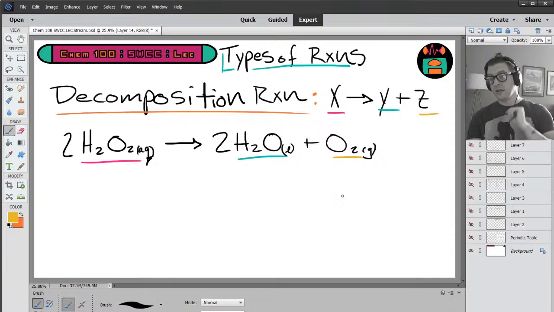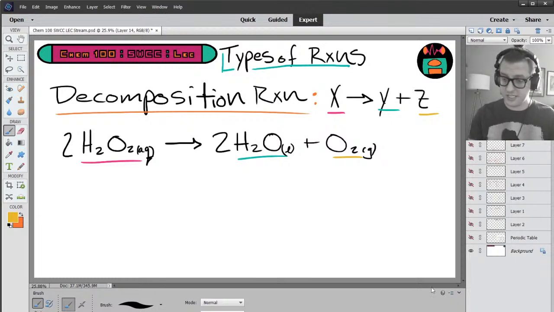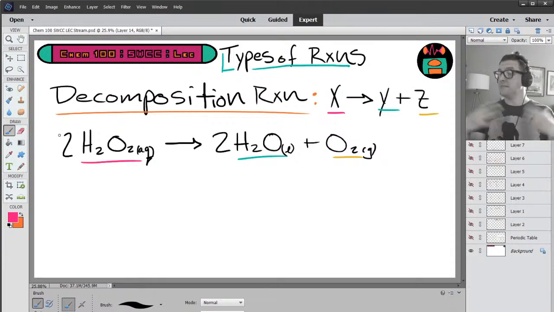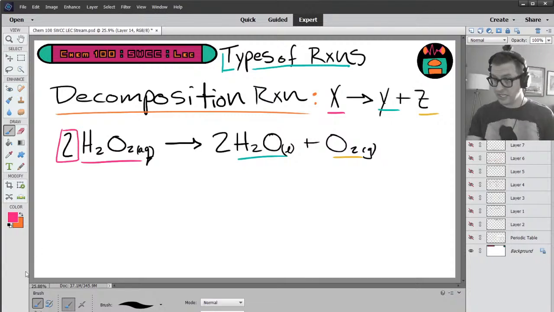Just like combination reactions, when I say we start with one thing, you can start with more than one molecule of that. So just as with the previous example, where we had things combine into more than one molecule of ammonia, here you can see you're starting with two molecules of hydrogen peroxide, but they're decomposing into water and oxygen.